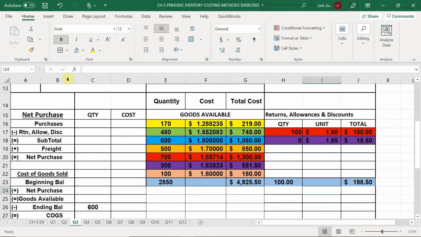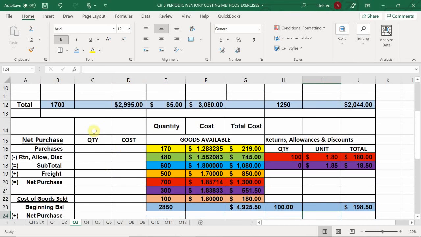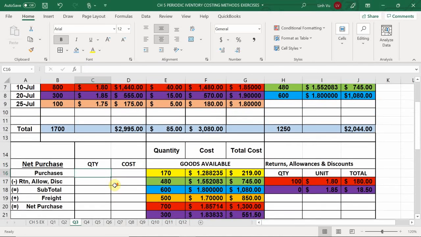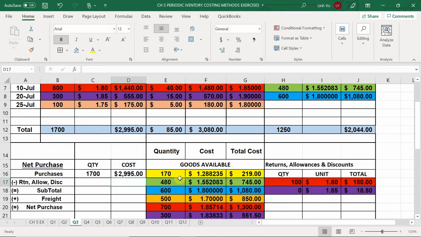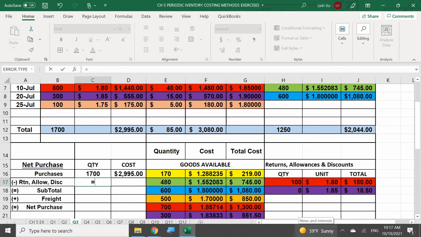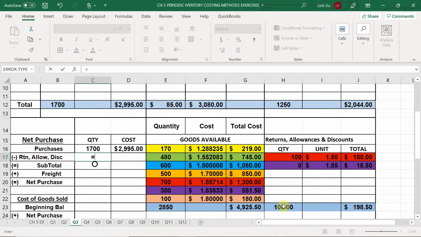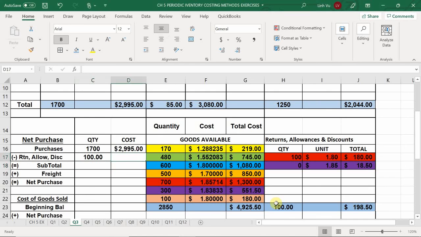All right, so let's go ahead and plug in our numbers in here. If you guys can spare me another 20 minutes, I think I'm going to call it after this, okay? So here, we have a total quantity of purchasing 1,700 units at $2,995, right? We had a return of 100 units costing a total of $198.50.